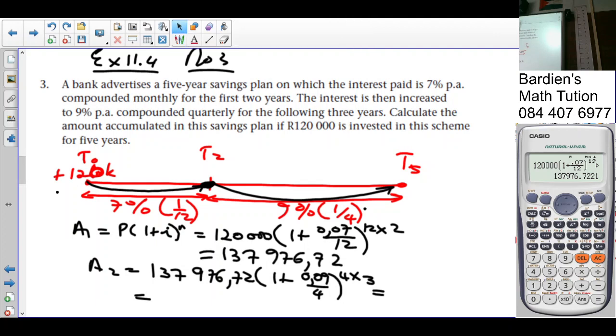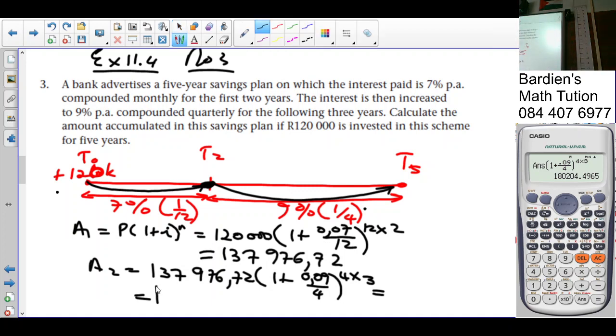Alright, so you please answer, open brackets, 1 plus 0.09 over 4 to the exponent 4 multiplied by 3 gives you 180,000.